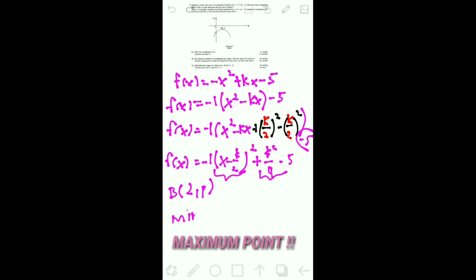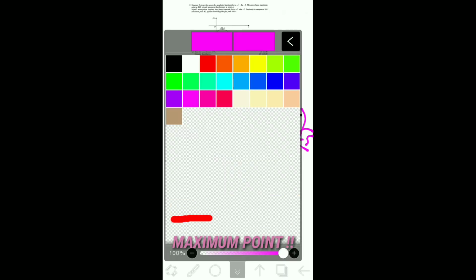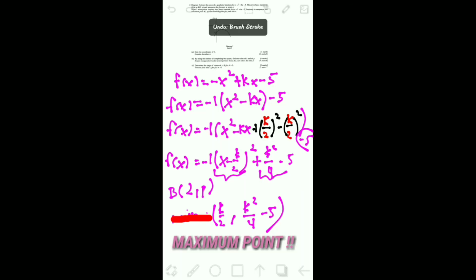We know the maximum point here is at (2, p), and we compare with the maximum point here, which is k over 2 comma k squared over 4 minus 5. You let the term inside the parenthesis be 0 and you get k over 2, and the maximum y is simply that.